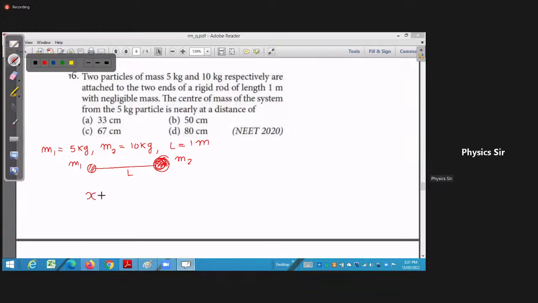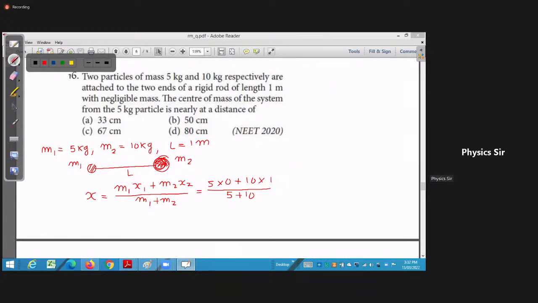The formula for the center of mass is M1x1 plus M2x2 divided by M1 plus M2. What is M1? This M1 is 5. What is X1? X1 is 0, the distance from here to here is 0. M2 is 10 and X2 is the same as L, which is 1, divided by M1 is 5 and M2 is 10.